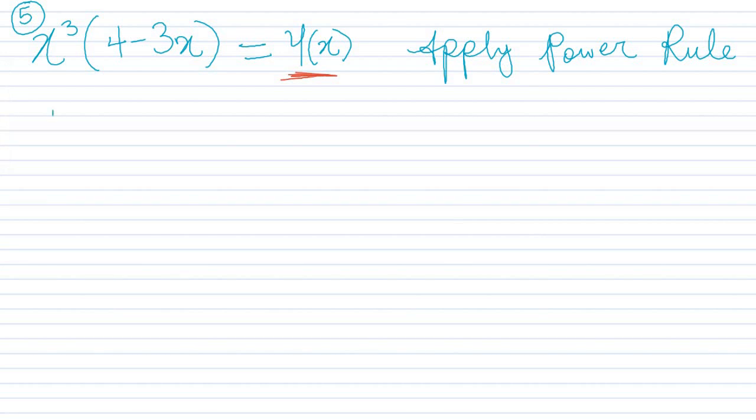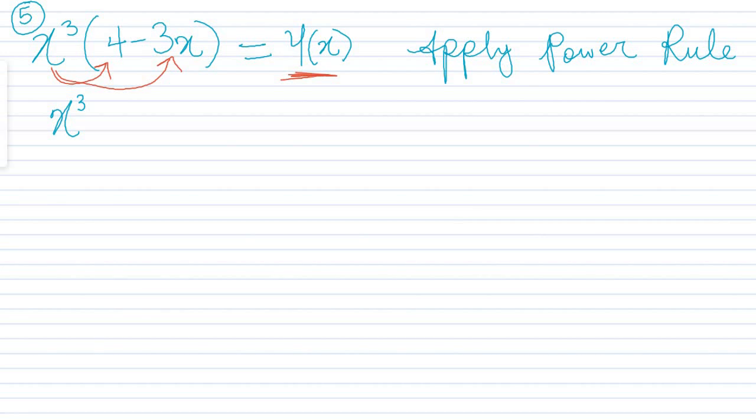So x cubed will be multiplied by 4, and then x cubed multiplied by negative 3x.